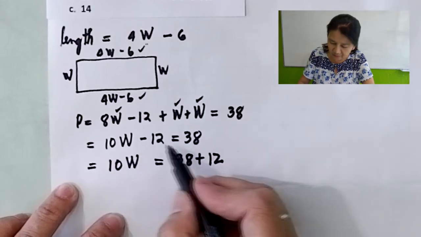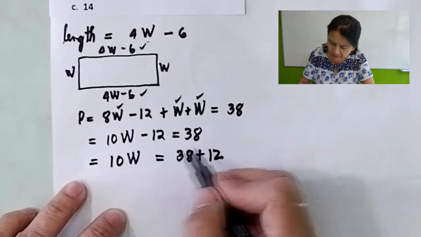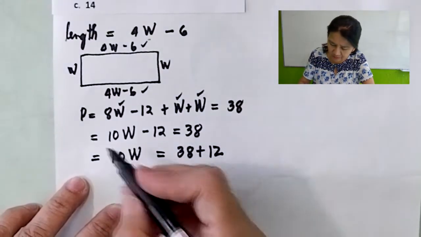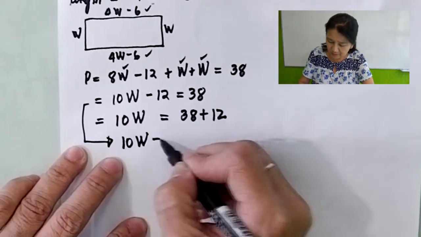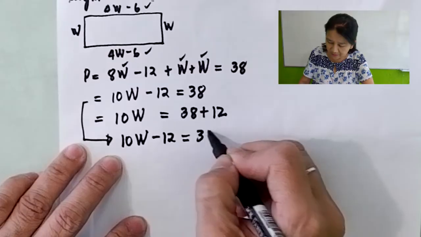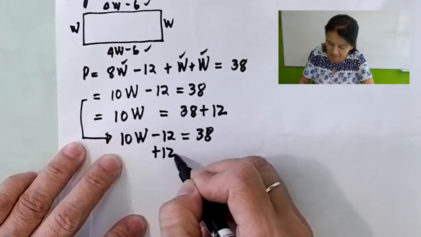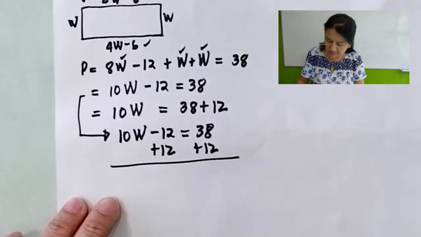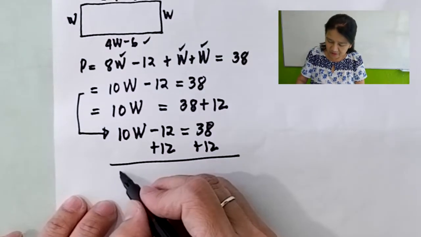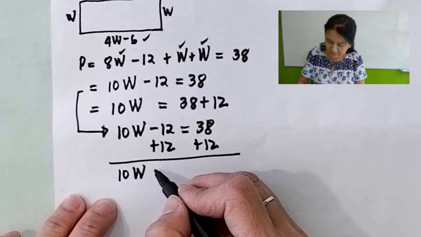You have to add 12 to the other side. If that is confusing for you, you can do it this way. 10W minus 12 equals 38. Add 12 to the left, add 12 to the right. If that is more understandable for you, that's okay.